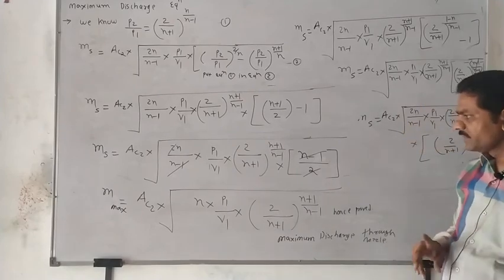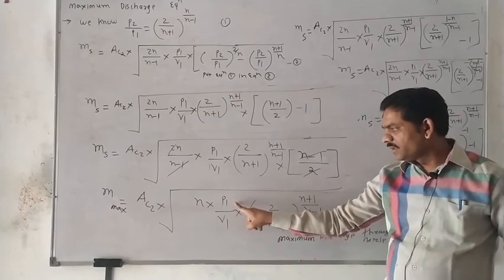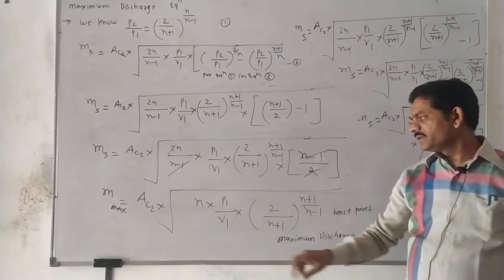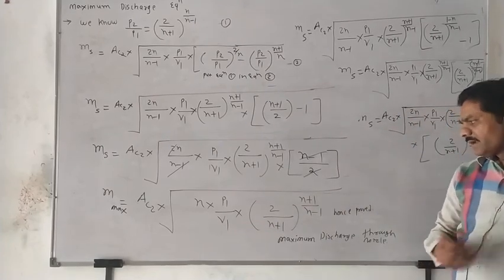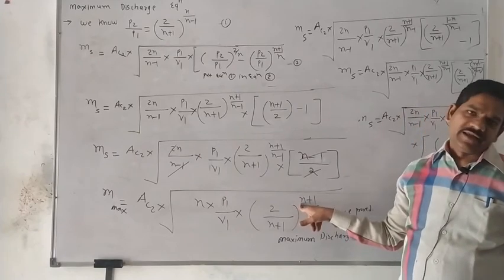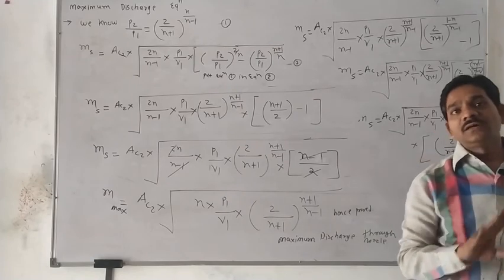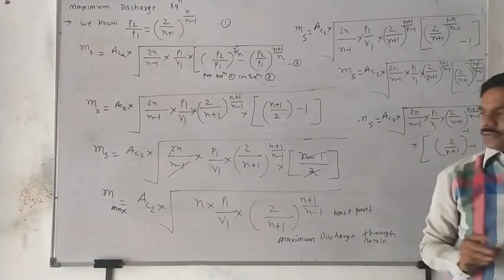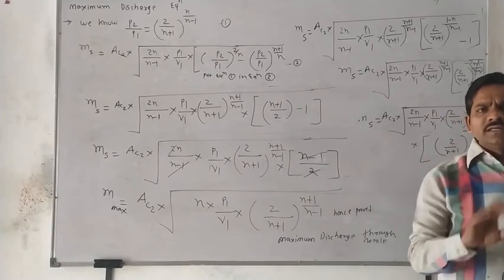Very good. Then another, mass flow rate depends upon the initial pressure condition and initial specific volume condition. Very good, boys. Then another, the mass flow rate depends upon the isentropic index. But mass flow rate does not depend upon the divergence section. If you observe, there is no P2, V2 there.